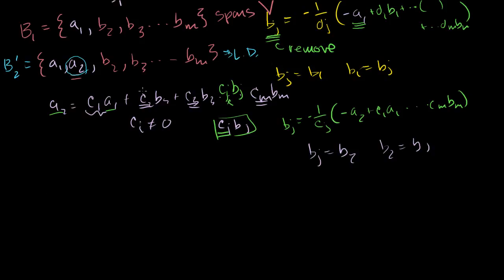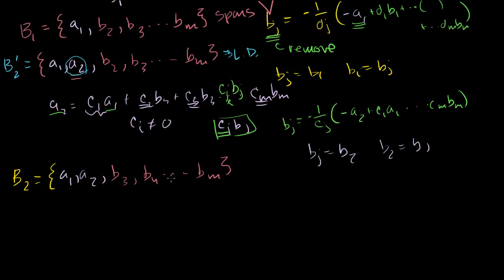So let me call that set, when I remove that term, which I've renamed b2, this set b2, and now it's equal to a1, a2. And now I have the leftovers of my b's: b3, b4, all the way to bm.